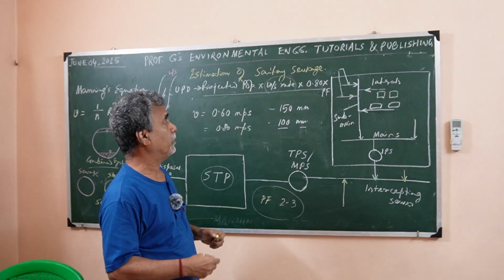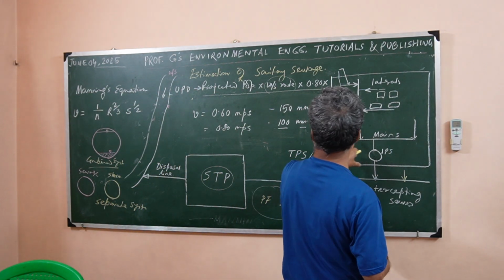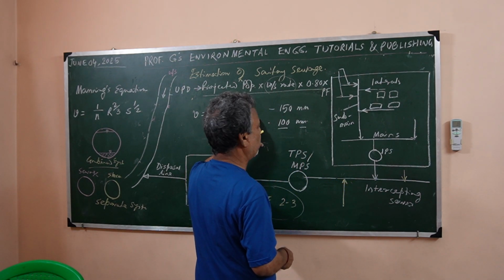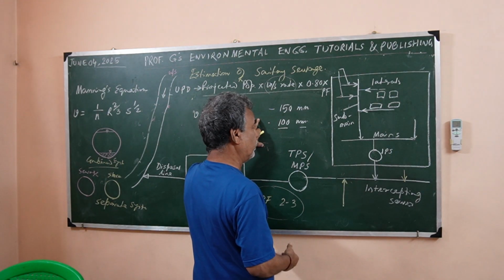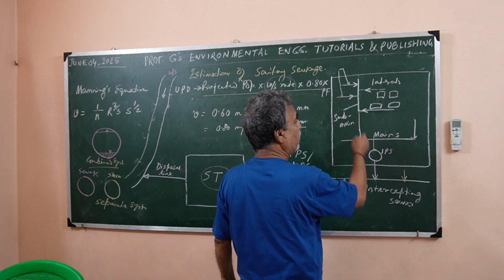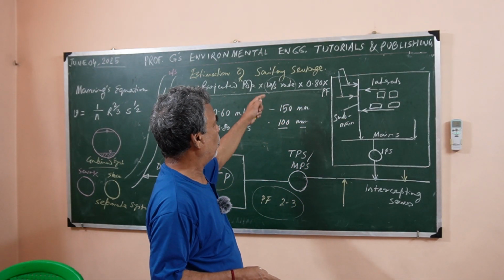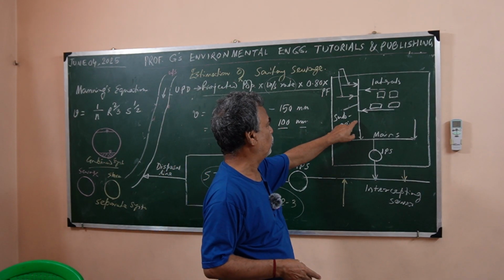Number two is that many a time in some intermediate lines, the velocity may be marginally less. So in that case we consider that when the peak flow comes, it would be flushed out. When the average flow is there, we design for the peak discharge, right?